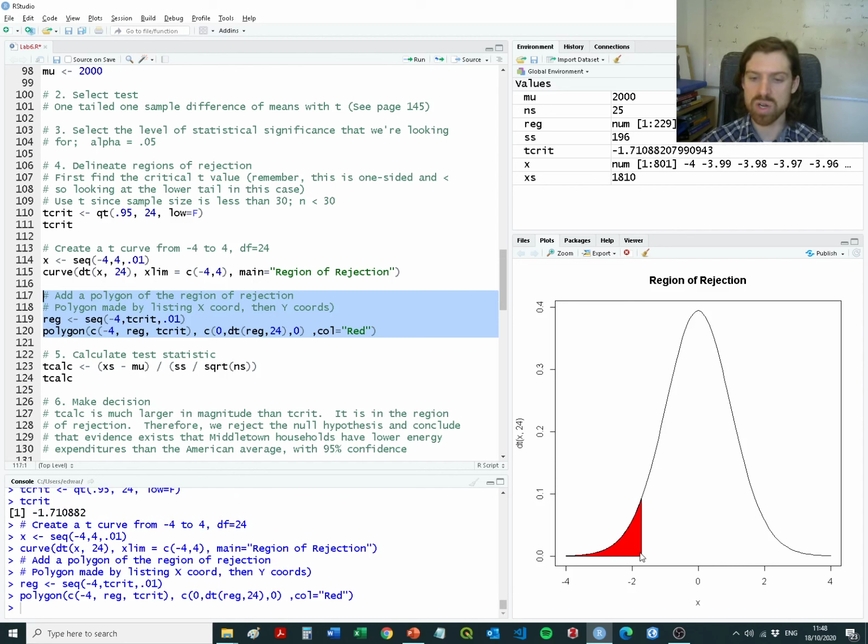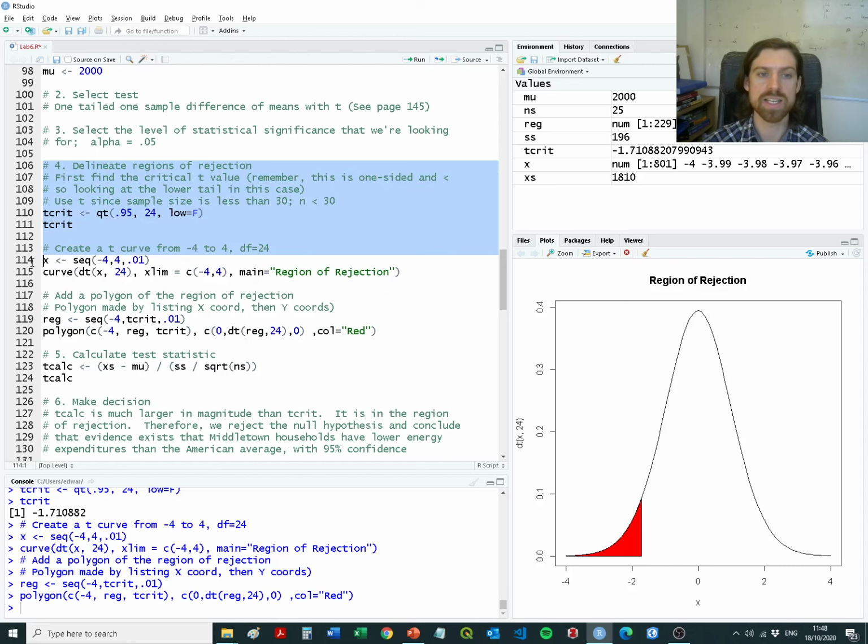So this is the area where we would have 95% confidence that the result hasn't just occurred by chance, and that we'd be able to reject the null hypothesis at that confidence level. So that is the delineation of the region of rejection. In this case, it's a single region because it's a one-tailed test.